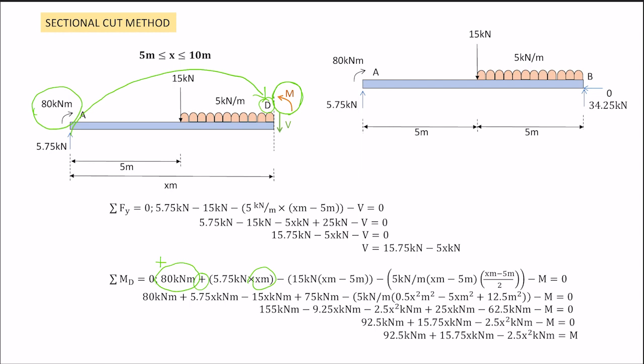You have 15 kilonewton going to D, anti-clockwise, negative. 15 kilonewton, X meter minus 5 meter. Because the distance for this moment is this length. So this length is X meter minus 5 meter. So that is the distance of the 15 kilonewton to D.